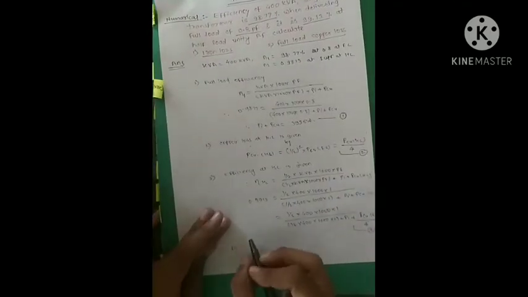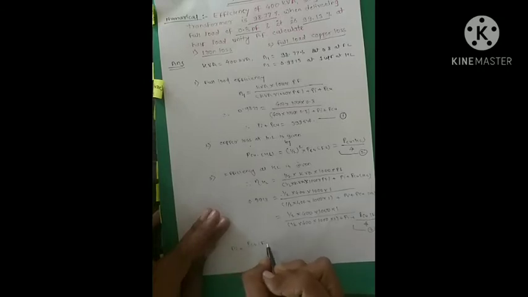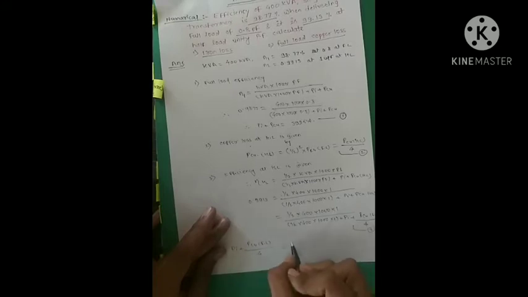So from equation 1 and equation 3, we get PI plus PCU at full load divided by 4 equals 1755 watt.